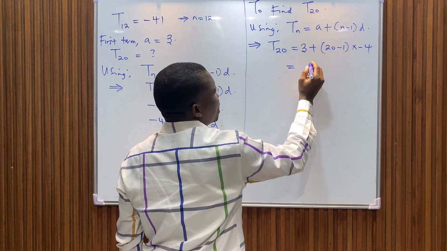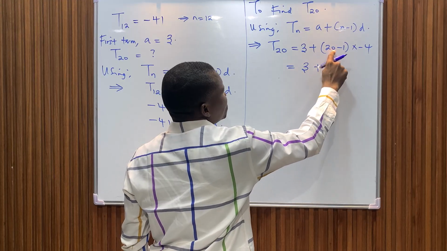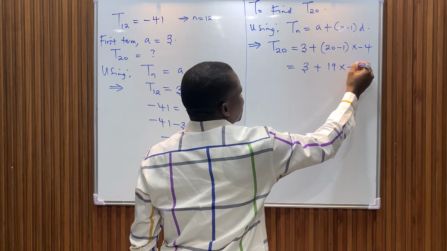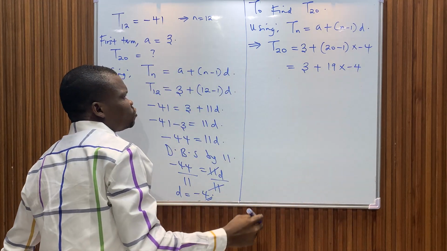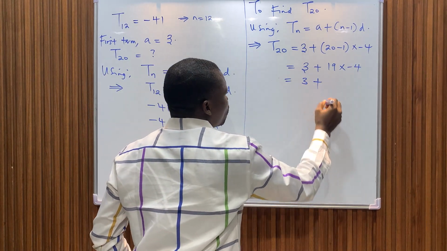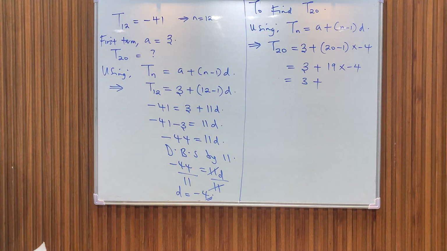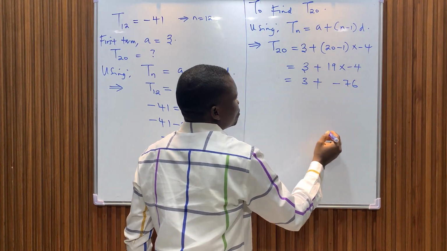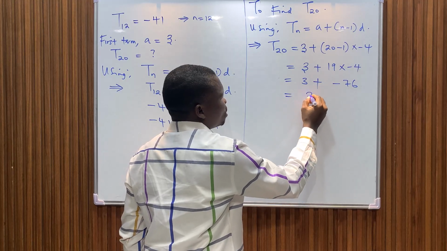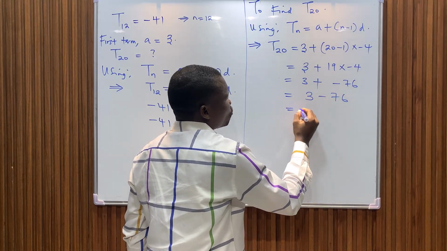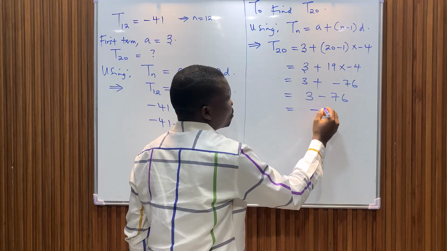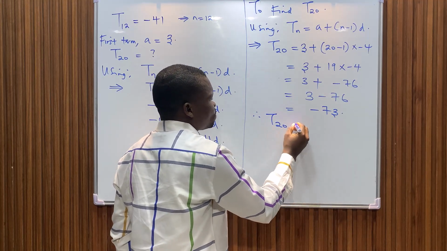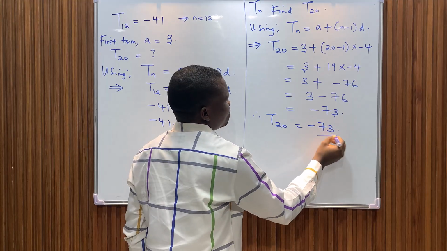Let's simplify: 20 minus 1 gives 19, so 19 times minus 4 gives minus 76. So this is 3 minus 76, which gives us minus 73. Therefore, the 20th term is minus 73.